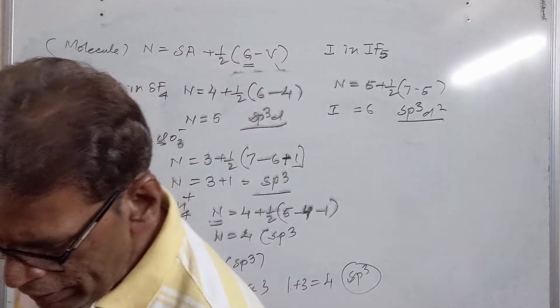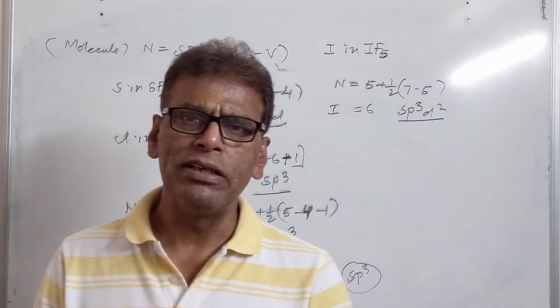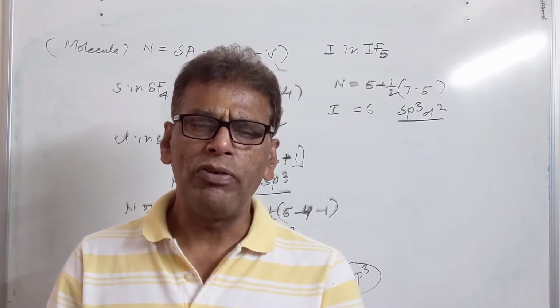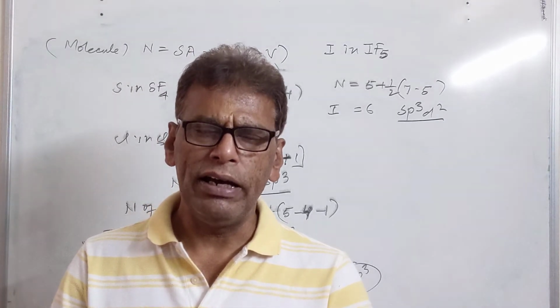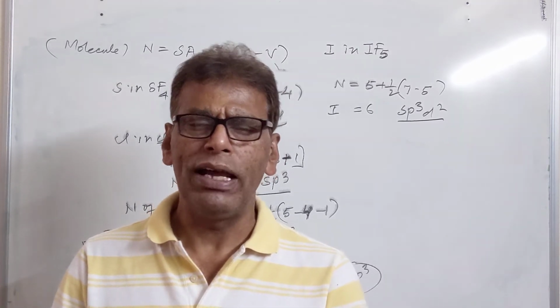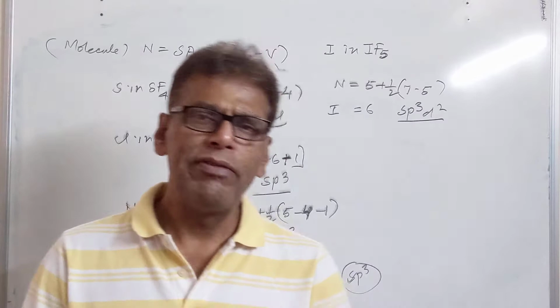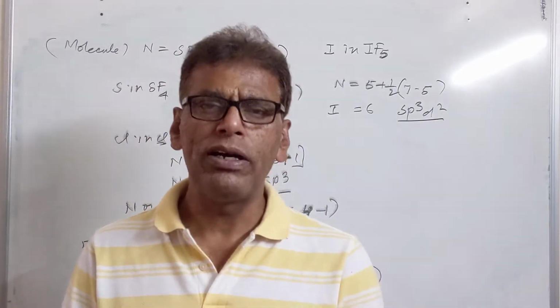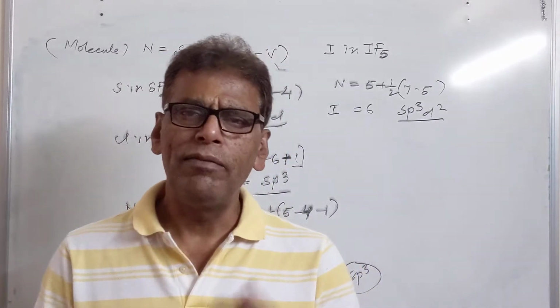So there is another way of calculating hybridization: count the total number of electrons, whether it is a molecule, cation or anion. If this total number comes out to be 8 or less than that, divide by 2. If it comes out to be more than 8, then divide it by 8.